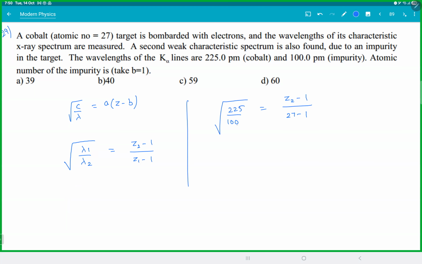That is 15 by 10, 1.5 into 26. That is 13.3. Z2 is 40. Clear with this? Yeah. Straightforward substitution.